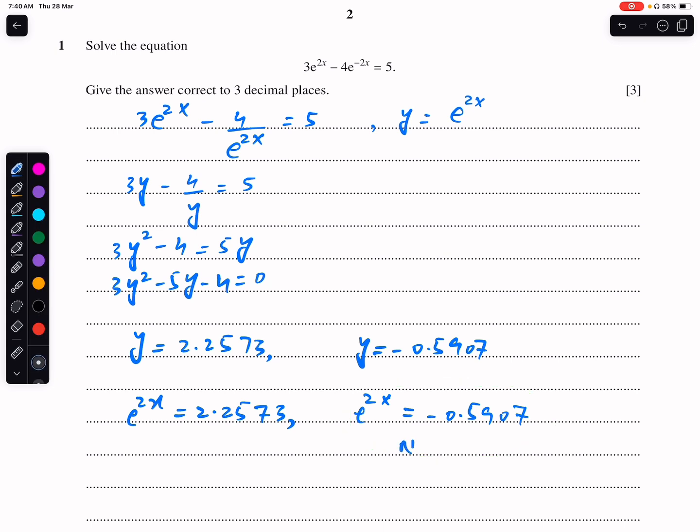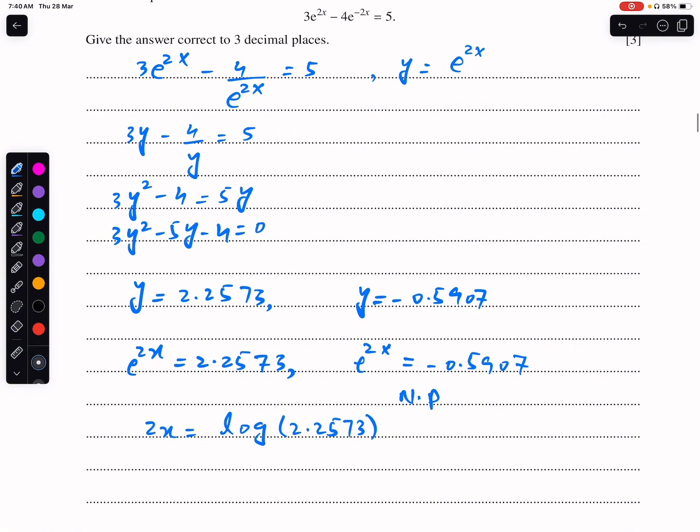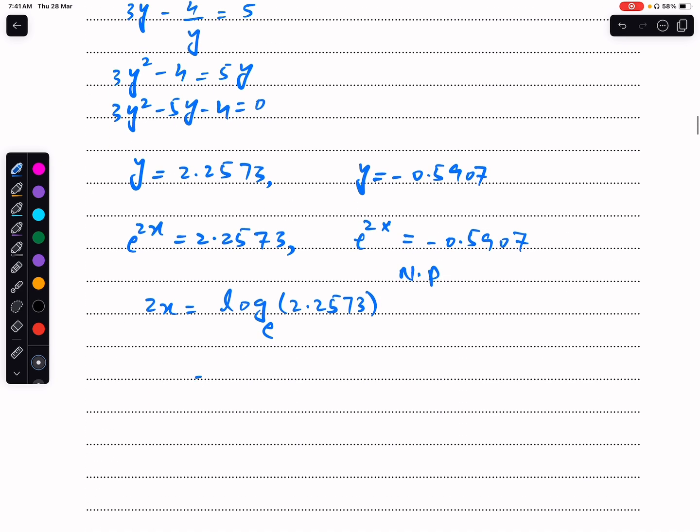So you will say that this is not possible, and in this case, how will you find your x? So simply you will just convert this exponential to logarithm form, like 2x is equals to log of 2.2573 with base e. And we all know that log with base e is actually natural log.